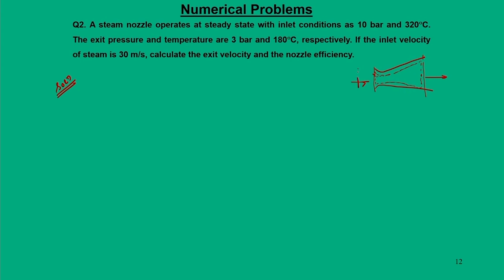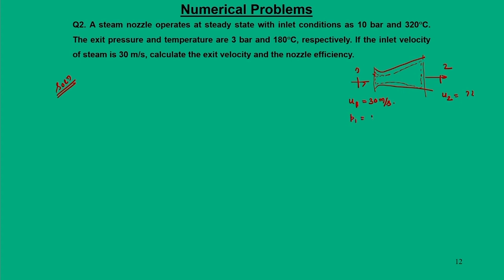Your initial state is 1, final state is 2. Your main intention is to increase U1, the initial velocity, to U2. In this problem the initial velocity is given as 30 meter per second, and the final velocity is not known.